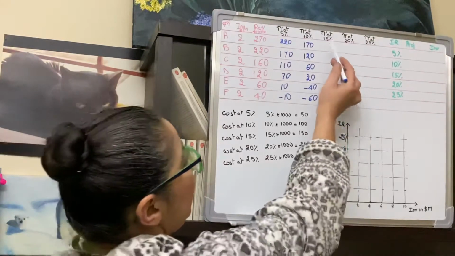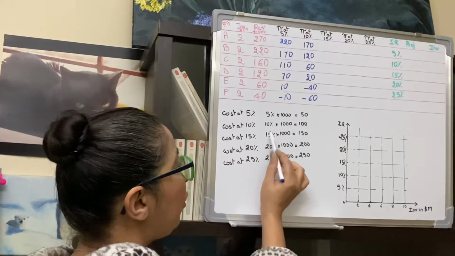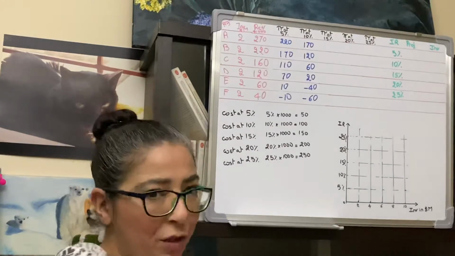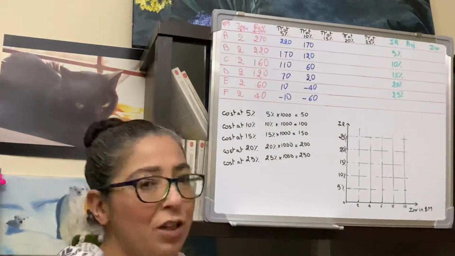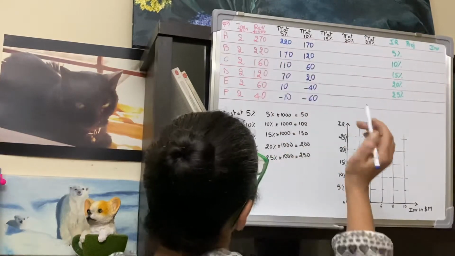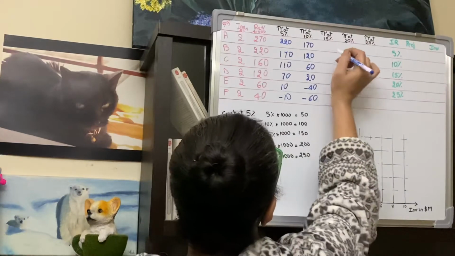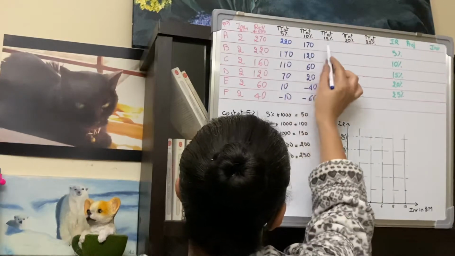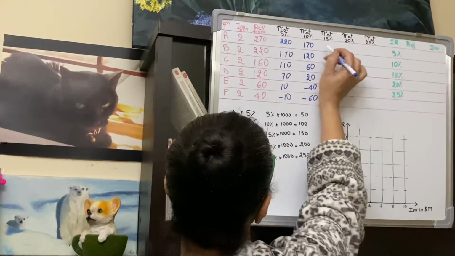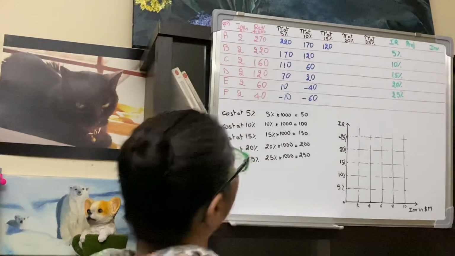Let's move to 15%. So the cost at 15% is gonna be 15% times the $1,000. So it's gonna give me $150. Now I'm gonna calculate the net profit. So where am I? 270 minus 150, that would be 120. Yeah, here are my results.